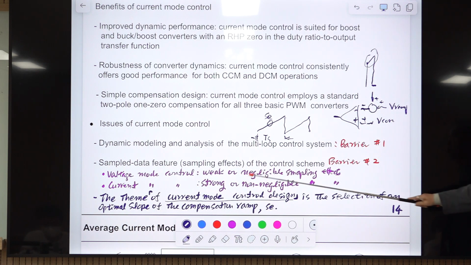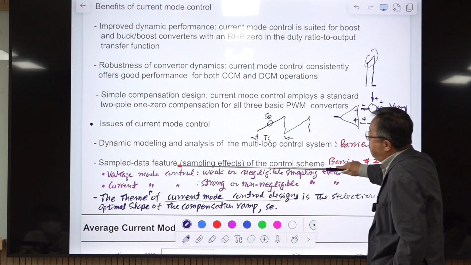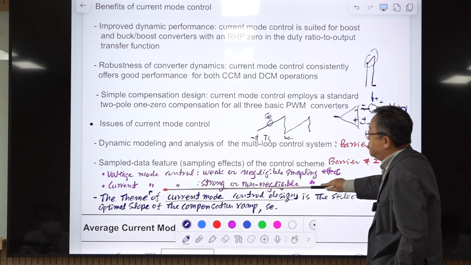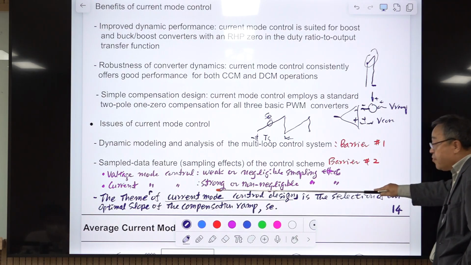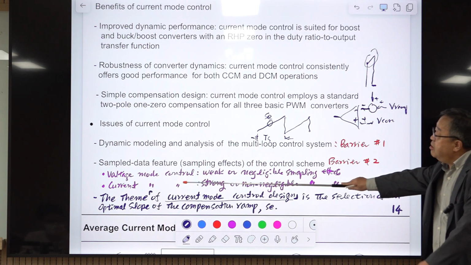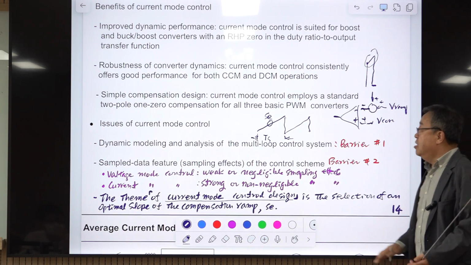So in current mode control, this sampled data feature or sampling effect is very strong, and in principle you cannot ignore it. Sometimes people ignore it, but in principle you cannot.